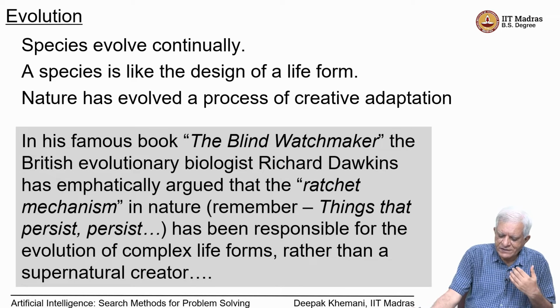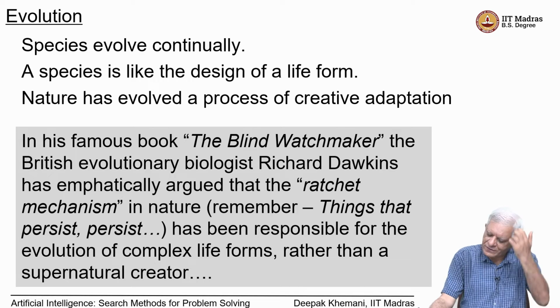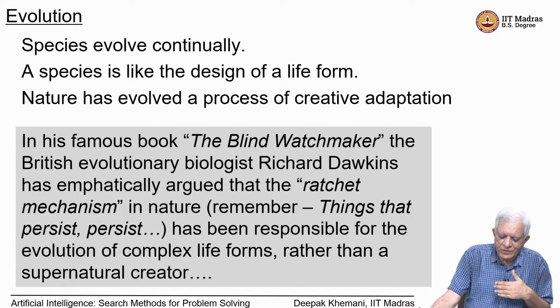It is like a ratchet mechanism: it has found that design, and therefore henceforth all the children of that particular individual or species tend to propagate more and more. So, in that sense, nature has a built-in mechanism whereby it keeps experimenting and then keeps the best designs. That is what we are interested in. We are interested in candidate solutions, and we will try to mimic nature and keep the best candidates.